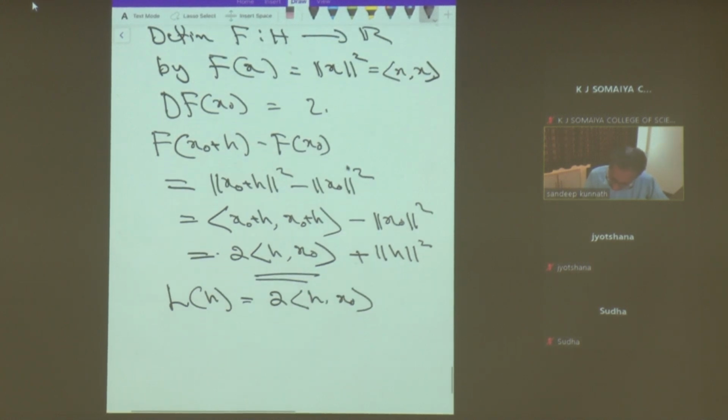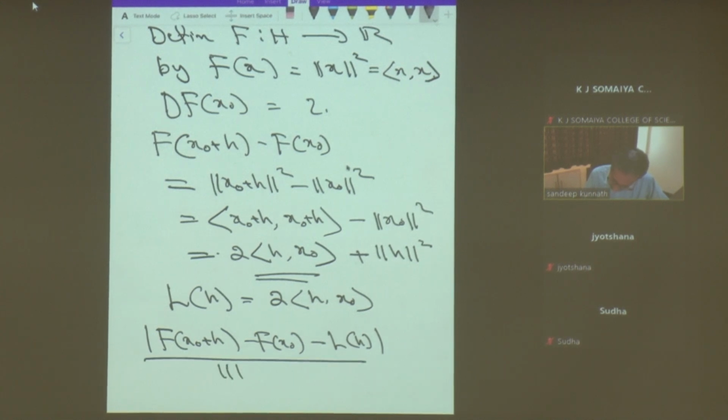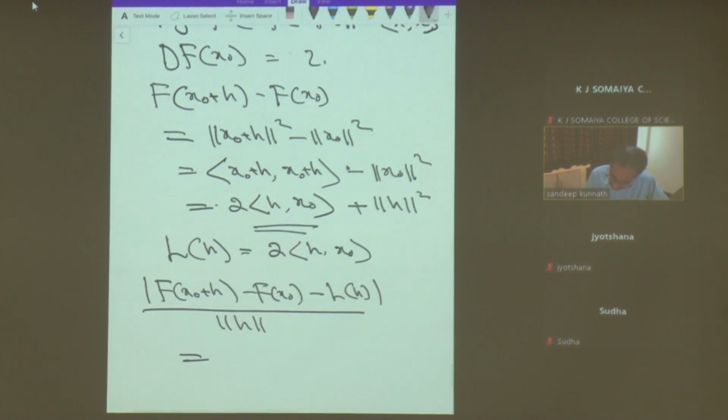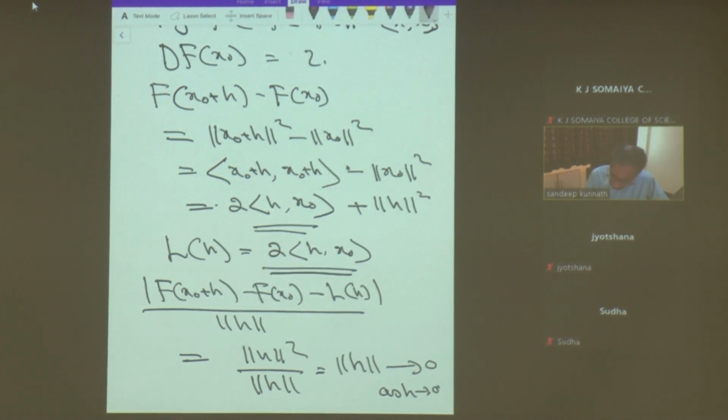Once I do that, this implies that the modulus of f of x naught plus h minus f of x naught minus L of h, divided by norm of h, is equal to norm of h squared divided by norm of h, which is norm of h, and that goes to 0 as h goes to 0. So that means this L is the derivative.